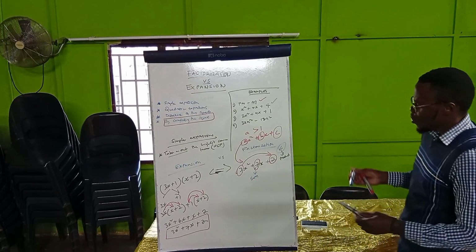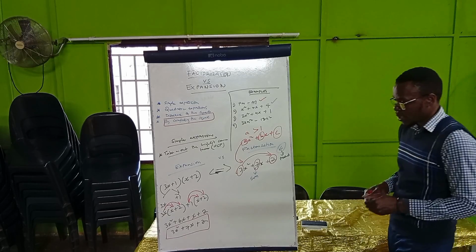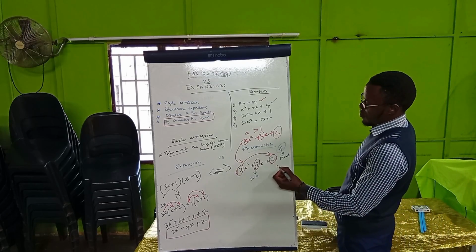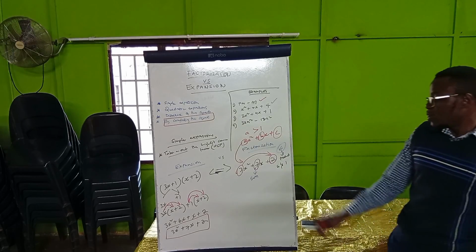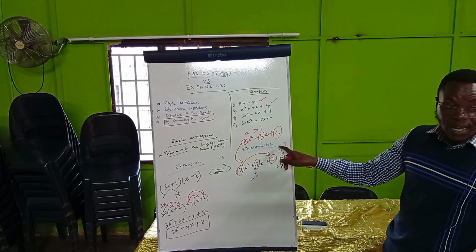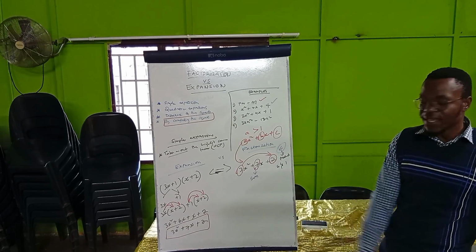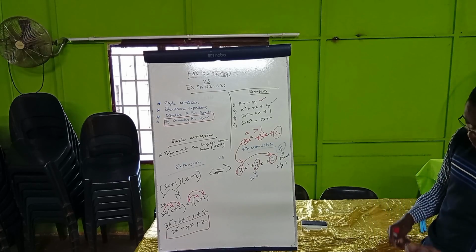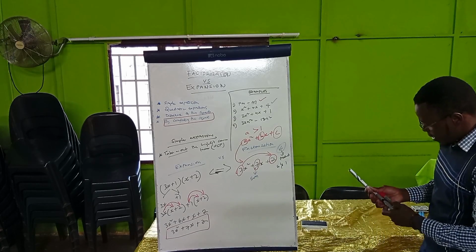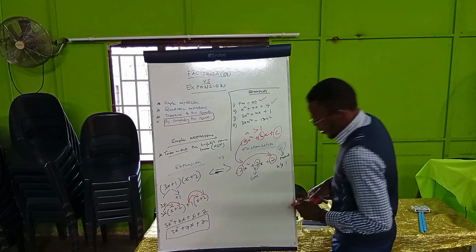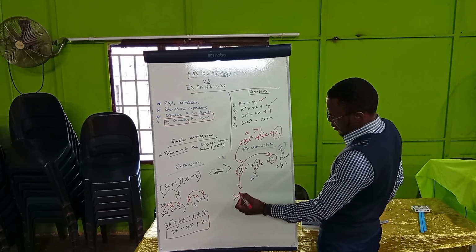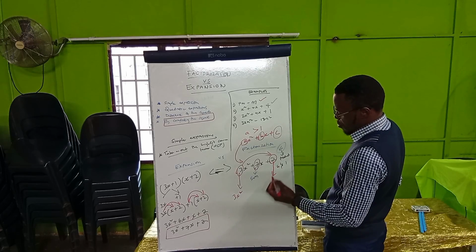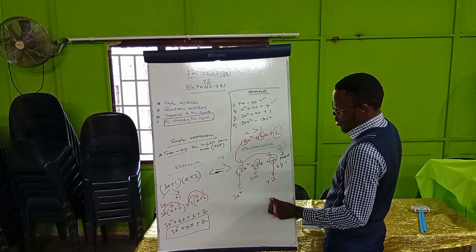So you notice here that the factors will just be 6 and 1, positive 6 and positive 1. So 6 times 1 gives us 6, and 6 plus 1 gives us 7. Then another very important step is that this term will be written as it is, 3x squared, and this term will be written as it is, plus 2.